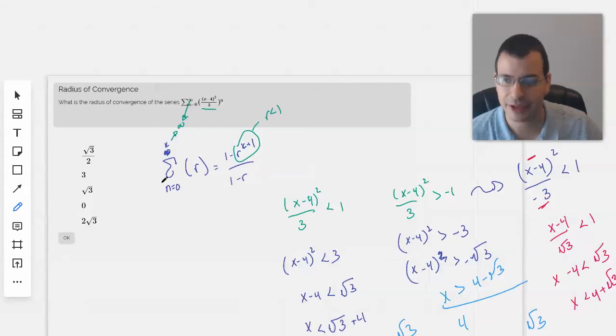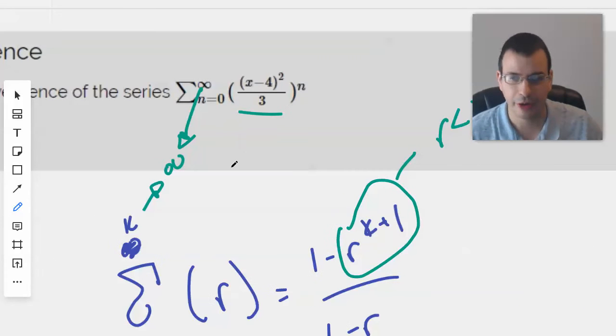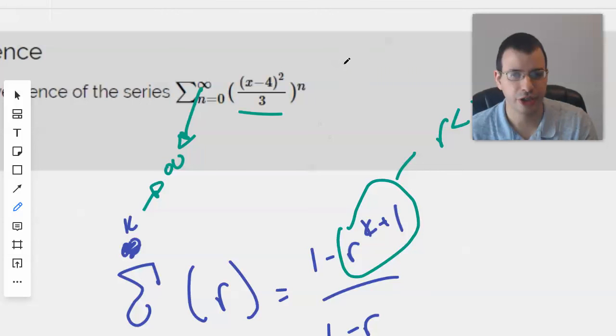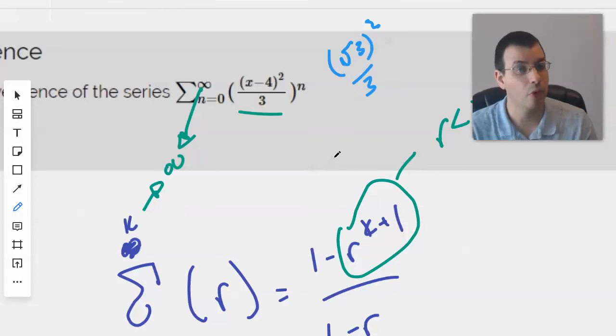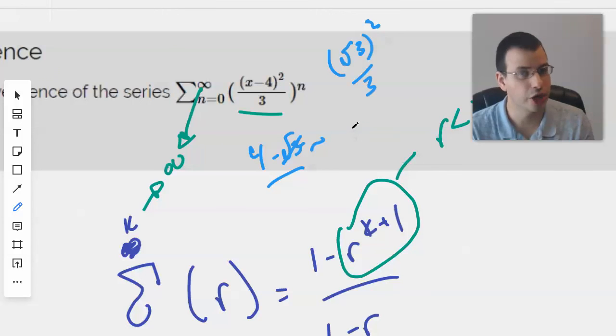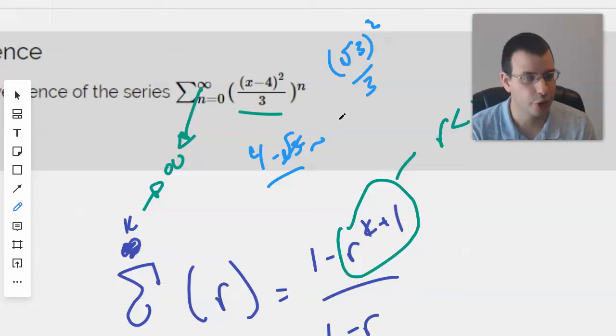If you look up here, that kind of makes sense. If you have 4 plus the square root of 3, you'd get the square root of 3 squared over 3. Or if you have 4 minus the square root of 3, you'd have 4 minus the square root of 3 minus 4, which would give you negative square root of 3 squared, which would again give you square root of 3 over 3.